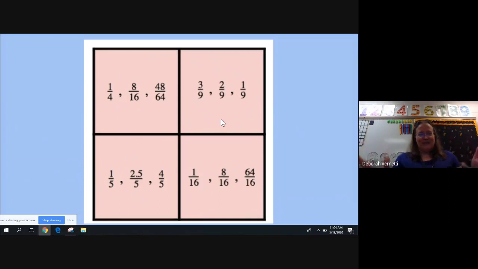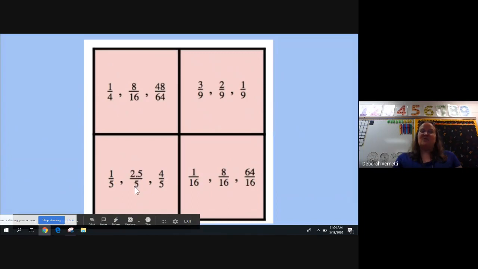But again, remember how I said at the beginning, I was thinking about my benchmark fractions. Benchmark fractions are those fractional numbers that we can see and know that help us to see what's around them. And I'm looking here and I'm seeing that this middle fraction is 8/16, which is really what, boys and girls? 8 out of 16 is really 1/2. And then I'm looking down here at this one and I'm noticing 2.5 fifths, which again is a weird one, but 2.5 is half of 5.